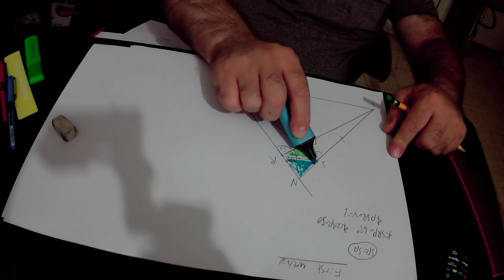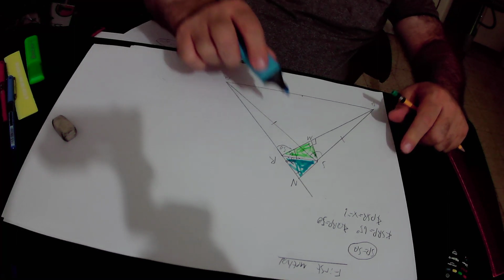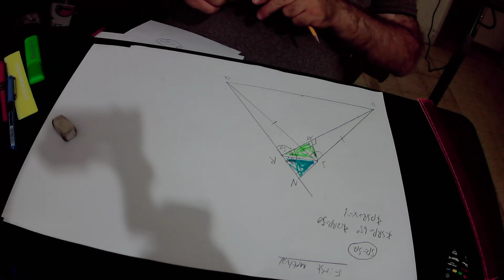And we will actually prove that the green triangle is congruent to the blue triangle.